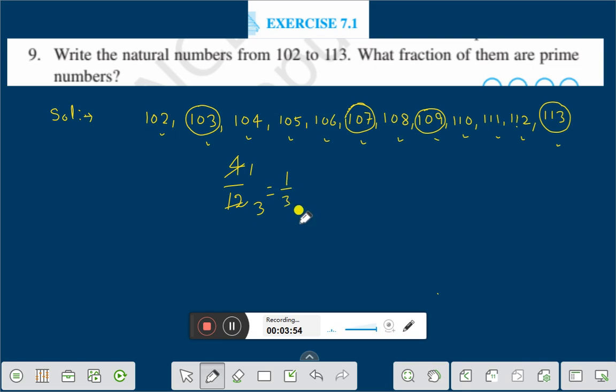What fraction of them are prime numbers? Therefore, 1 by 3 of them are prime numbers.